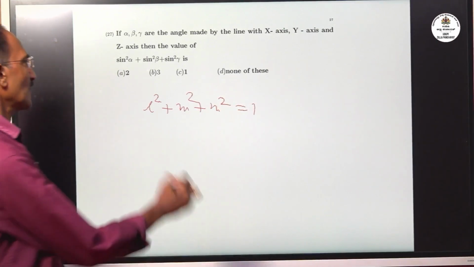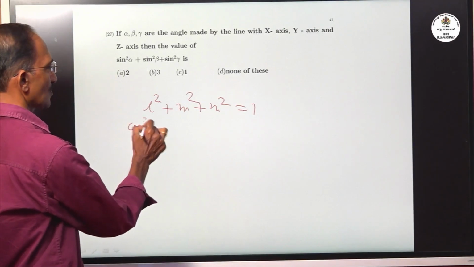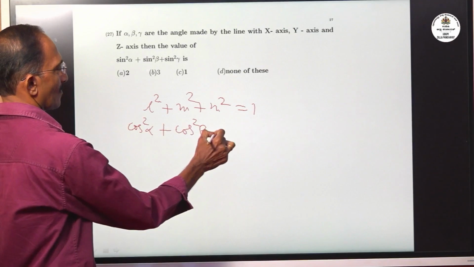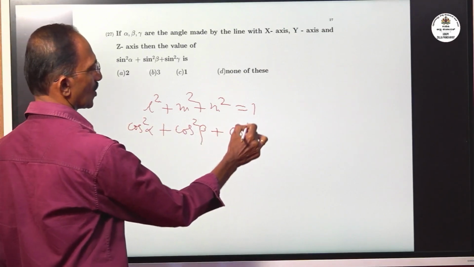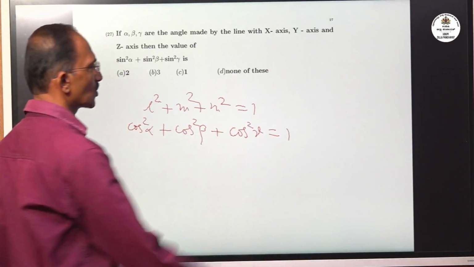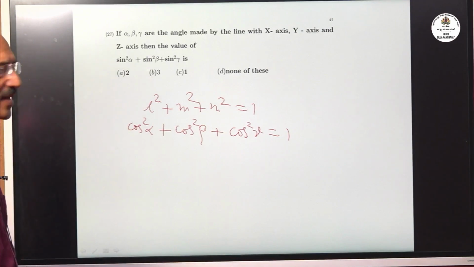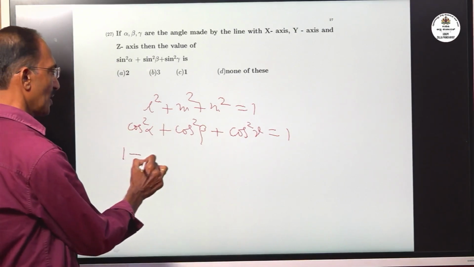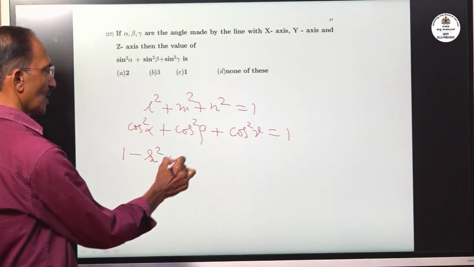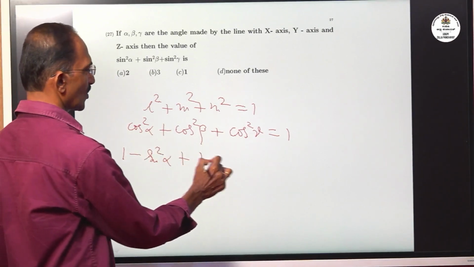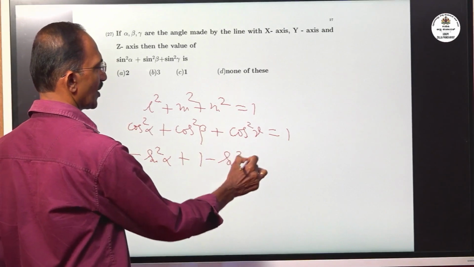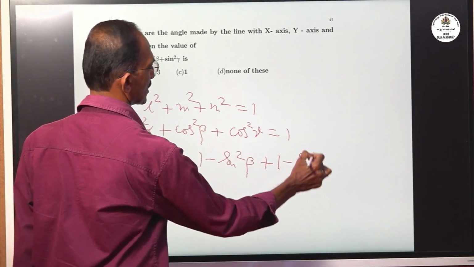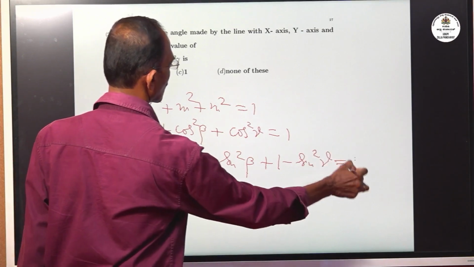So that is nothing but cos square alpha plus cos square beta plus cos square gamma equal to 1, and use the trigonometric relations, that is cos square alpha is nothing but 1 minus sin square alpha, plus cos square beta is 1 minus sin square beta, and this is 1 minus sin square gamma, equal to 1.